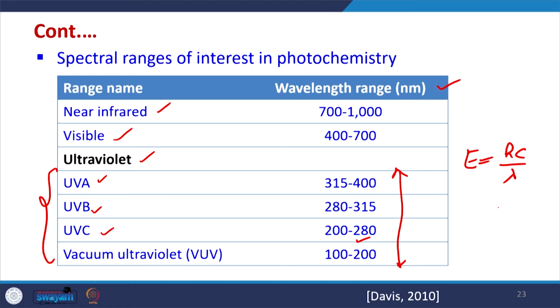Depending upon the type of pathogens and also the intensity which is generated, the energy will also be different, and it will be able to destroy different types of pathogens, whether they are bacteria, viruses or anything else. This way we can destroy most of the pathogens using ultraviolet radiation.